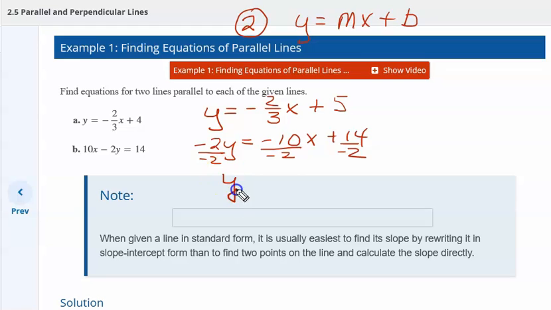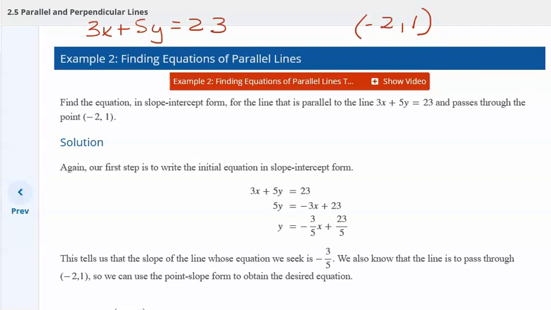And we then get y equals 5x, and this would be -7. So a line parallel to this would be y equals 5x plus 8 or -8. Just so long as the y-intercept is different, while the slopes are the same, the lines would be parallel.